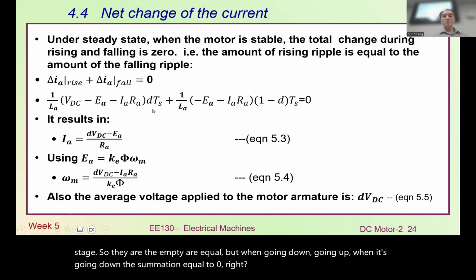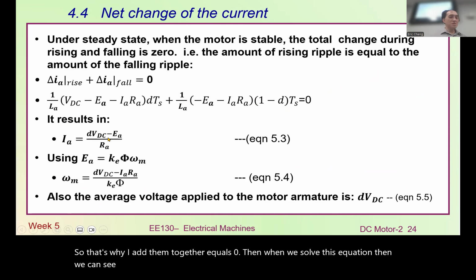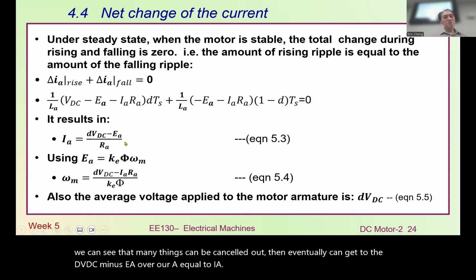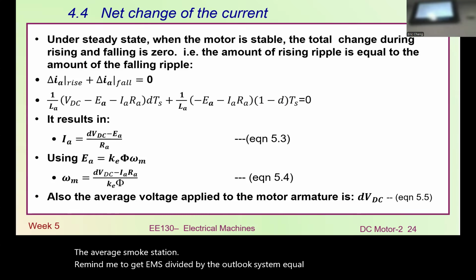So that's why when we add them together it equals 0, then when we solve this equation, we can see that many things can be cancelled out. Eventually we get to dV dc minus EA over RA equal to IA. So this equation looks really familiar to us. It looks like the average voltage minus the back EMF divided by the RA resistance equals the armature current.